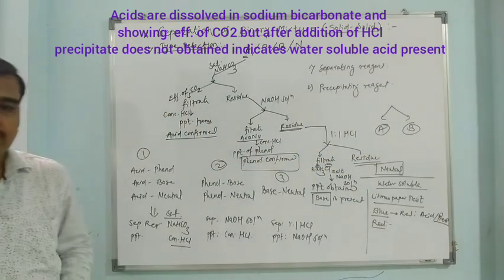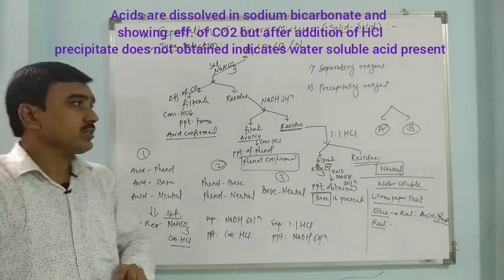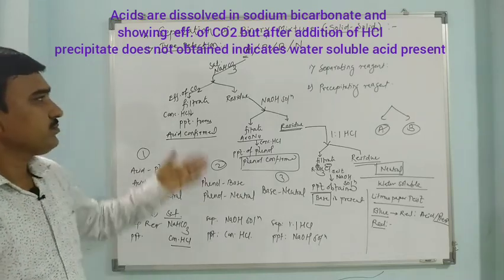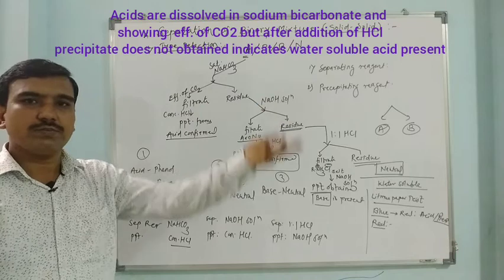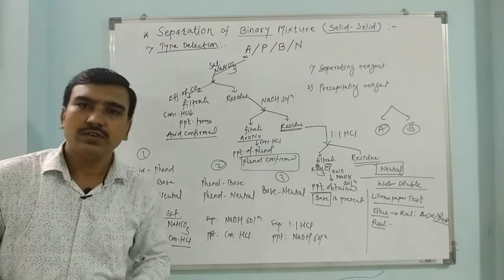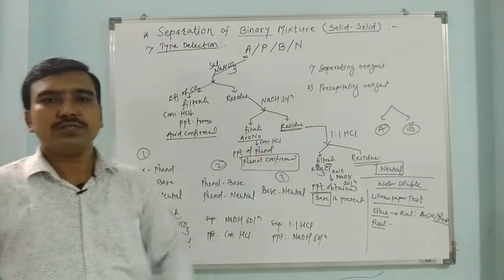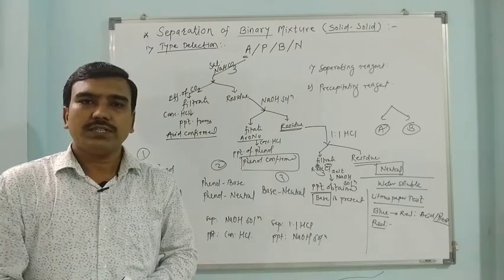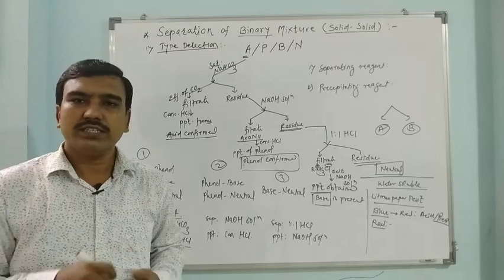Acids show effervescence of carbon dioxide after adding sodium bicarbonate, which clearly indicates it is an acid. If no effervescence is obtained, then it can be phenol. And how can we confirm phenol? By adding FeCl3 solution to the aqueous solution of this compound. After adding alcoholic FeCl3, we get a blue to violet color, which indicates it is phenol.